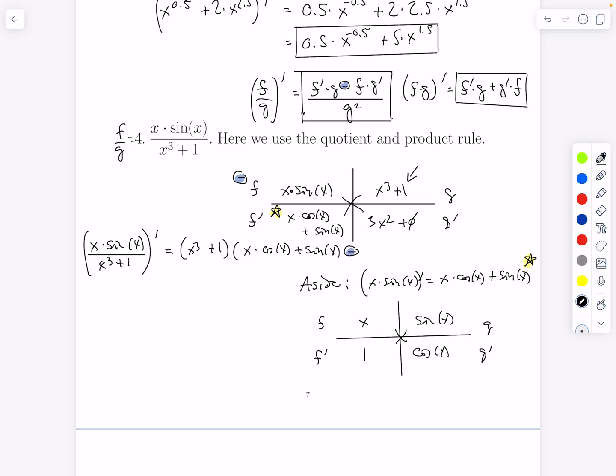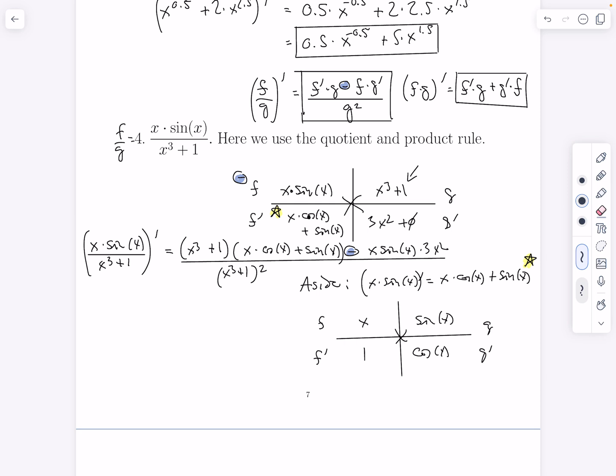Minus x times sine x times 3x squared. Oh, parentheses here. And then all that over x cubed plus 1 squared. Let's not forget this one, yeah?